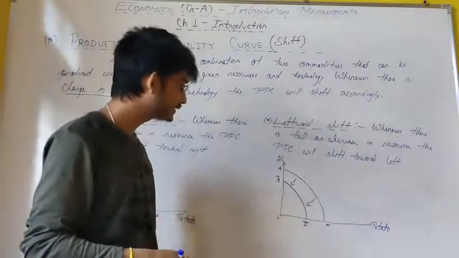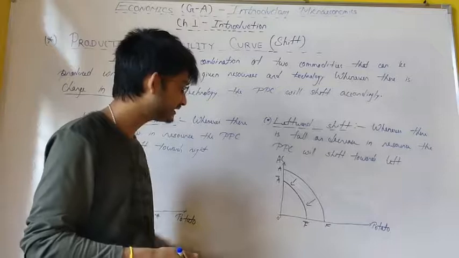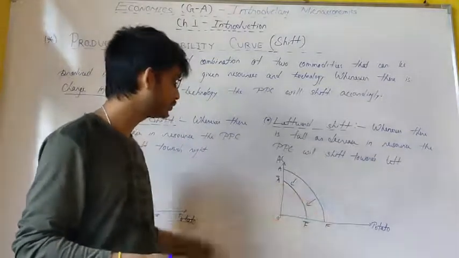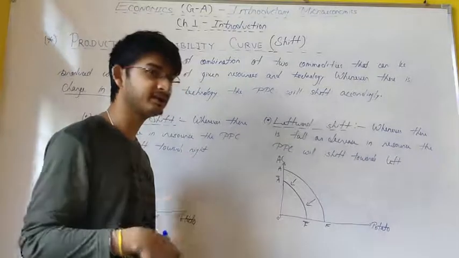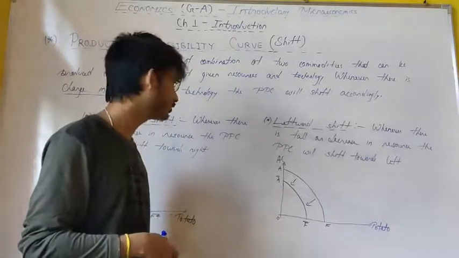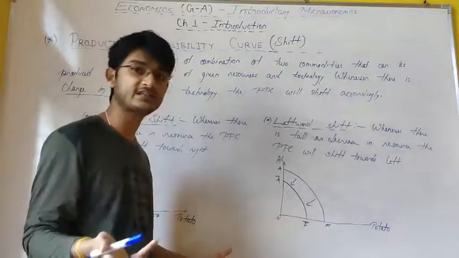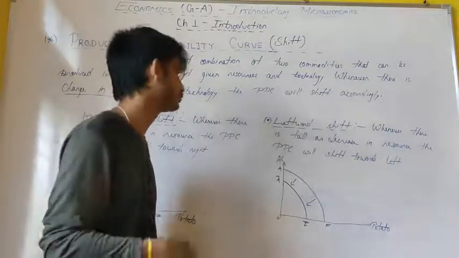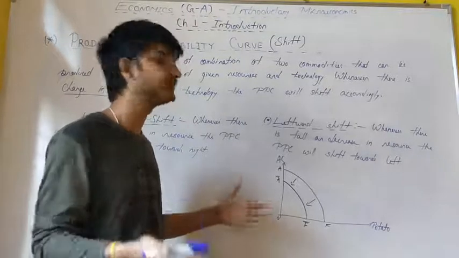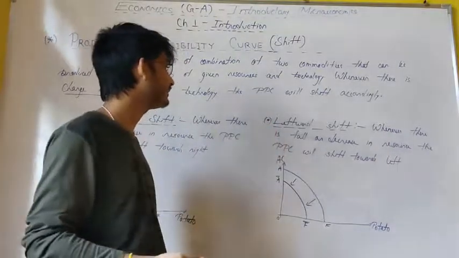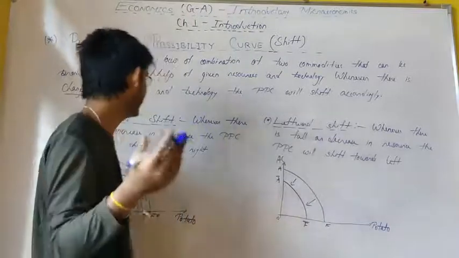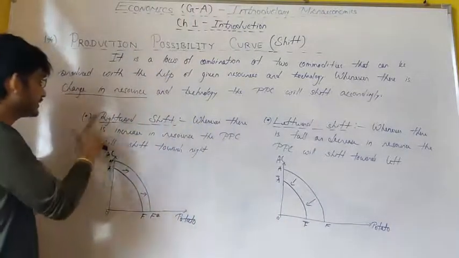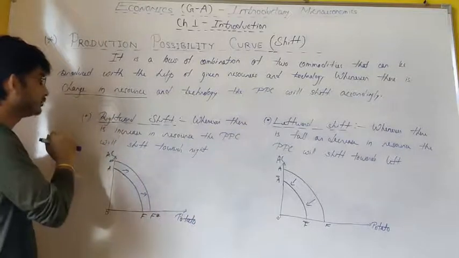And the exact opposite for the leftward shift: here we need to show that the PPC has shifted inside, that means it has come much closer towards the origin. Maybe there is some war, famine, drought, or natural disasters which have destroyed many industries and so on. So all sorts of negative things come under the leftward shift, and the positive things are associated with the rightward shift.